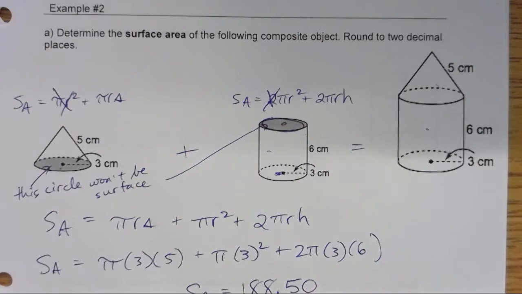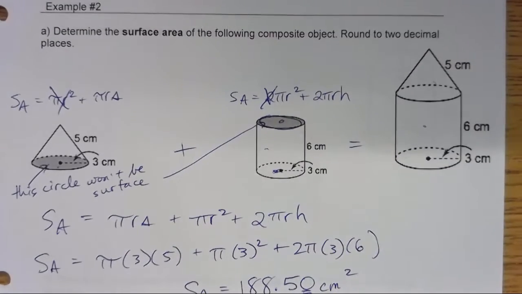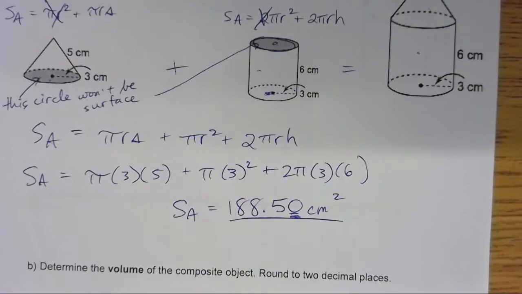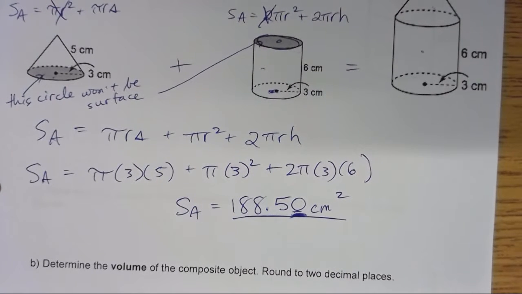But remember, when you round something like that, it does say to 2 decimal places. So show the 0. That is kind of important here. Your science teachers will be very impressed if you understand that you have to show those zeros when there's significant digits involved. All right, so there is a cone on top of a cylinder for its surface area.